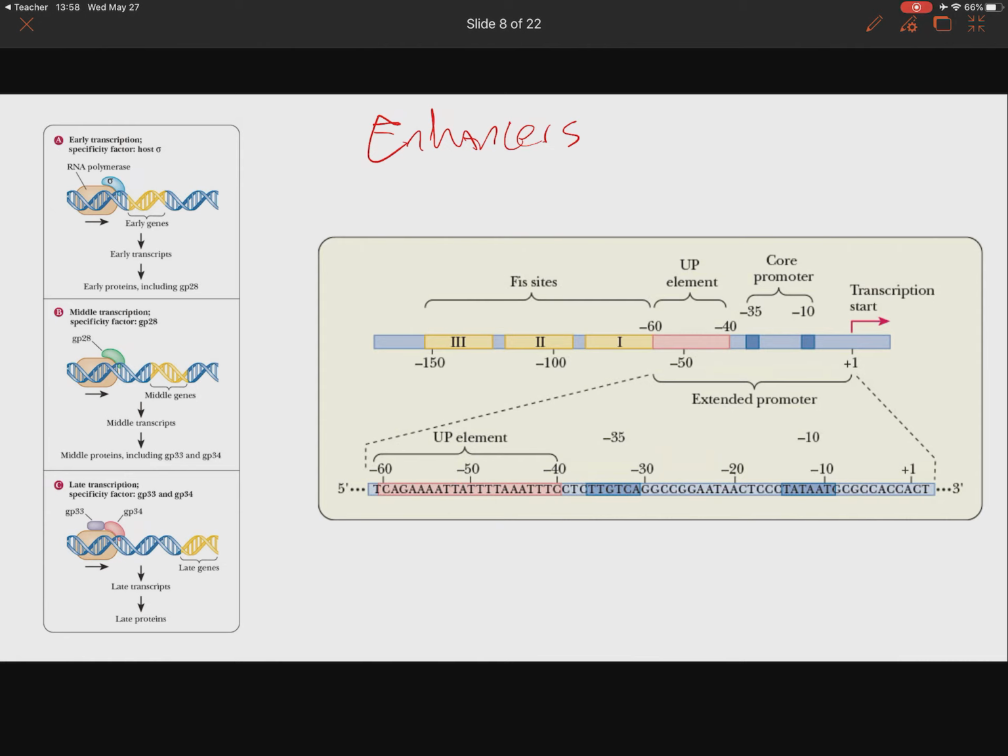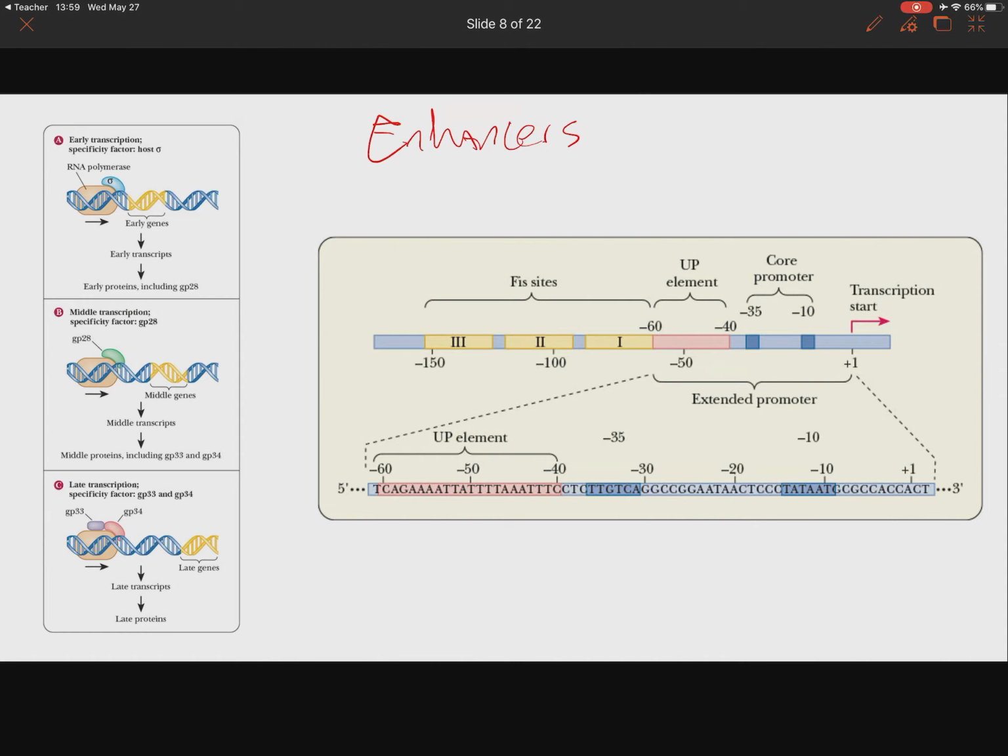Now, enhancers are molecules that will bind to transcription factors. Just like enzymes, transcription factors might be allosterically modulated. So an enhancer could bind to a transcription factor and turn it on so that it'll go and promote transcription of a gene. Or an enhancer, I guess we could call it an inhibitor, a molecule can bind to a transcription factor and turn it off, making it less likely to promote RNA polymerase.